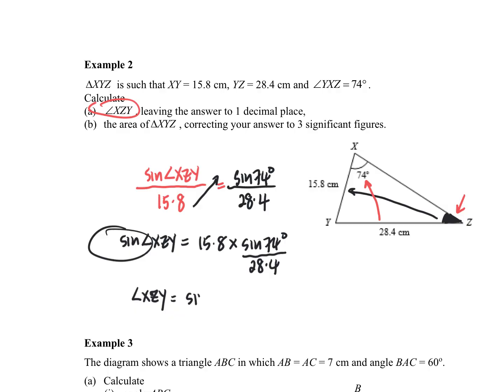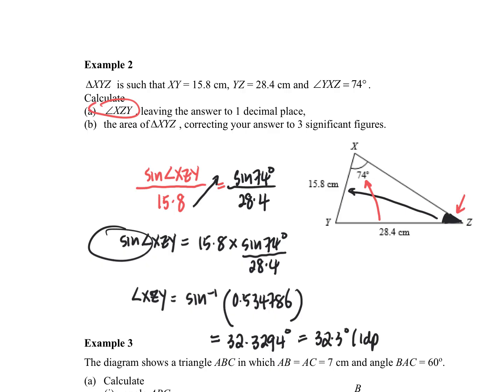So bring the entire sine over, inverse the answer you got. You should have gotten this as the answer. Write as many decimal places as you can and then do a sine inverse. Your answer would be 32.3294. So 1 dp for the answer because the question says so.